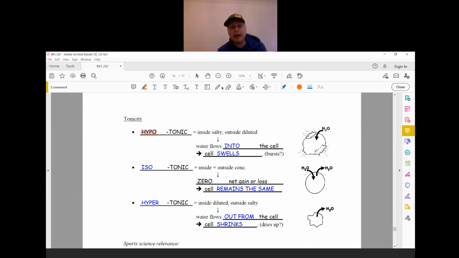In a hypotonic situation, we have the inside of the cell containing more solutes, more salts, more electrolytes, whatever you wish to put in there, than the outside of the cell.